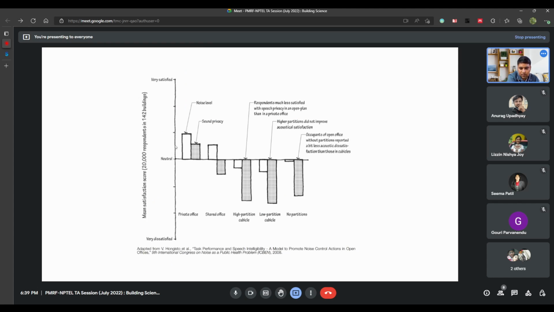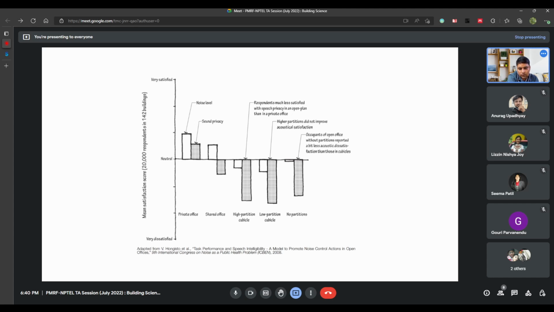And speaking of office, this is one study, a subjective survey that has been conducted. On the x-axis there are multiple types of offices. The leftmost is the private office, and the rightmost is the open plan office with no partition at all. The office workers were asked how satisfied or dissatisfied they are in terms of noise level, indicated in the white rectangle, and also sound privacy, indicated in the dotted rectangle.